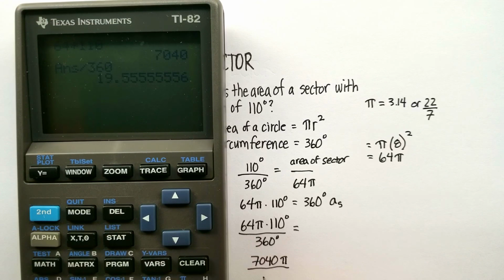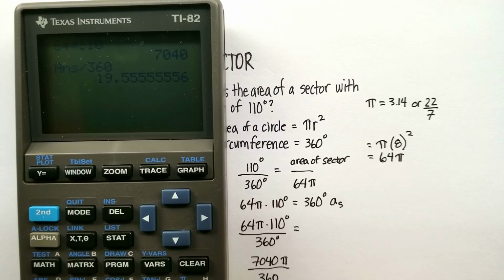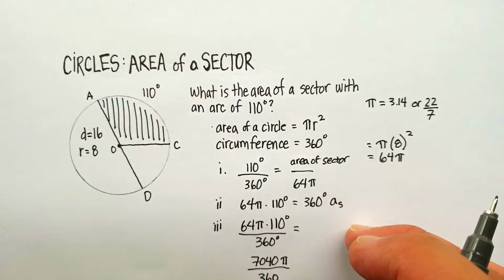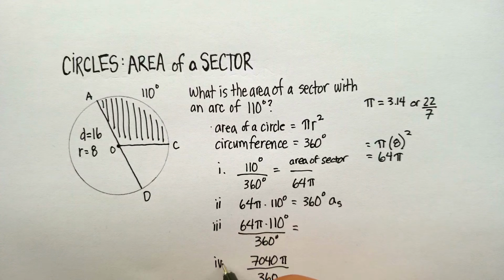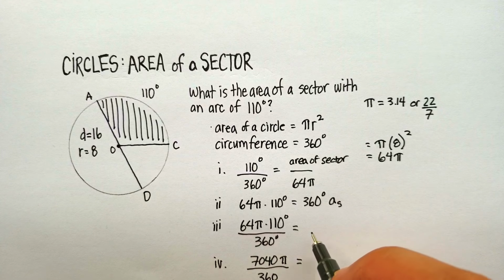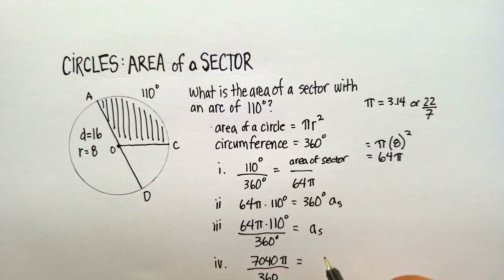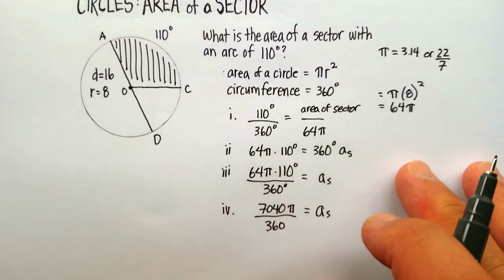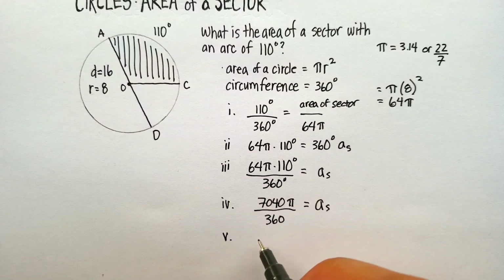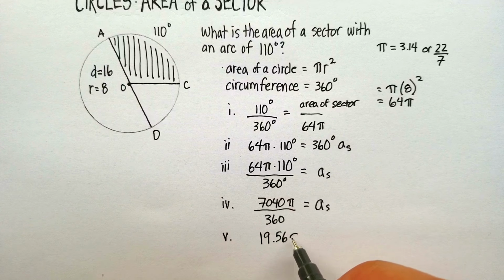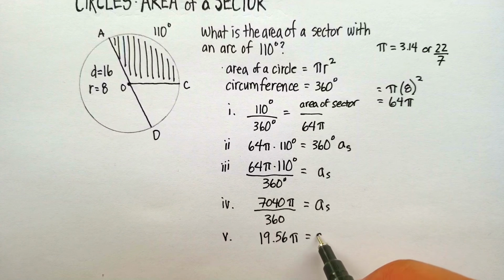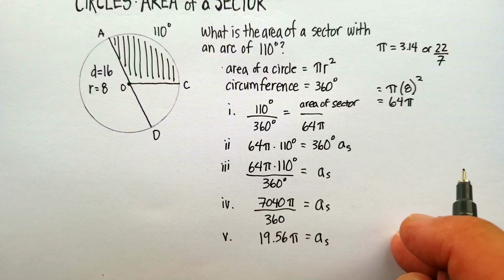That gives me 19.555 repeating. You probably can't see it very well, but it says 19.555 repeating. So I'll just say 19.56. That's my step 4. Area of the sector: 19.56 pi will be equal to the area of the sector.